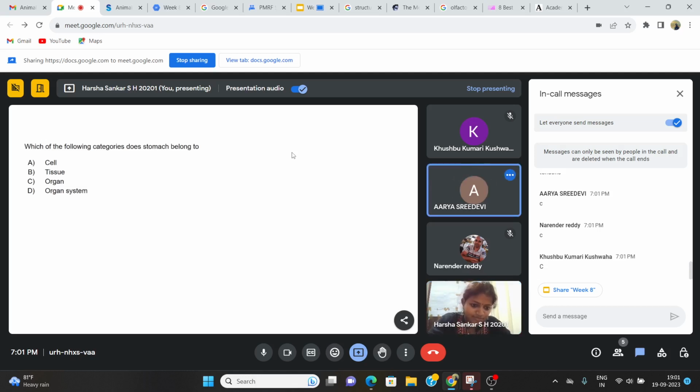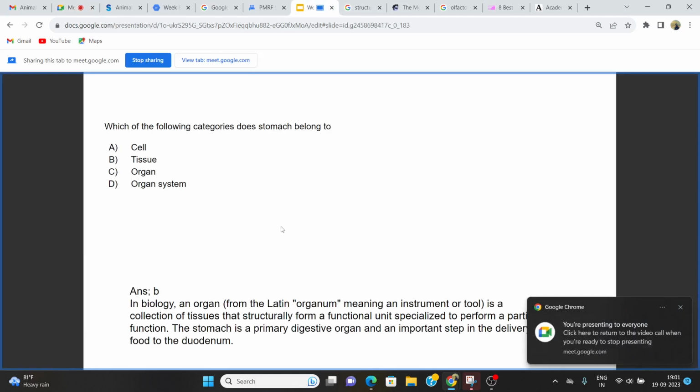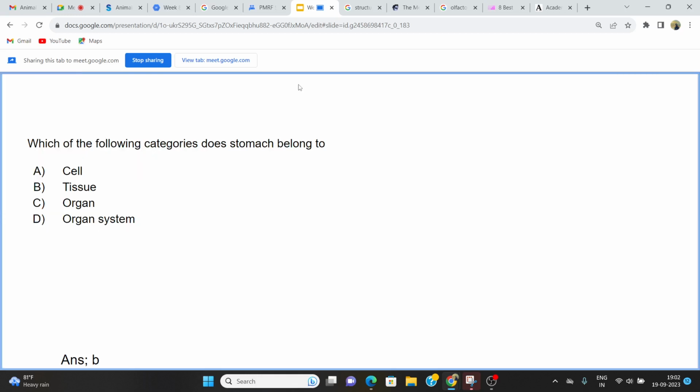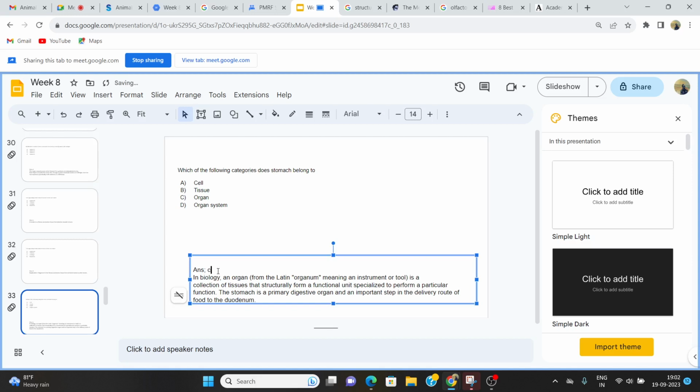Digestive system. So stomach is an organ. I had given the explanation as organ only, but I accidentally marked it as B. Let me correct it.